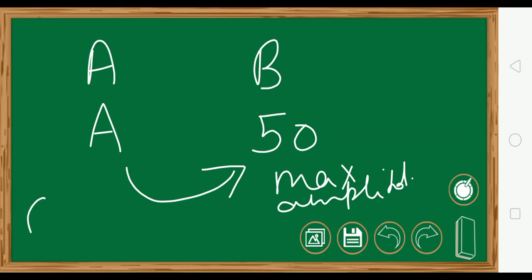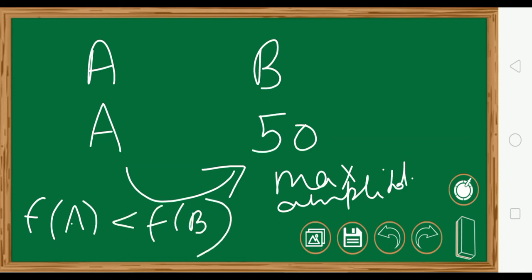If the frequency of A is less than the frequency of B, then the amplitude is going to be diminished. The amplitude will reduce. But if A is giving the force whose frequency is somewhere equal to the natural frequency of B, then the amplitude is going to be maximum.